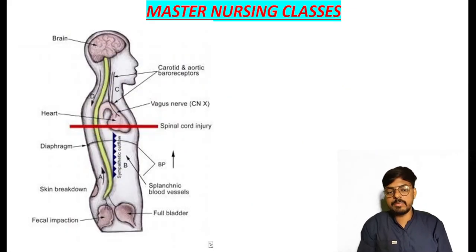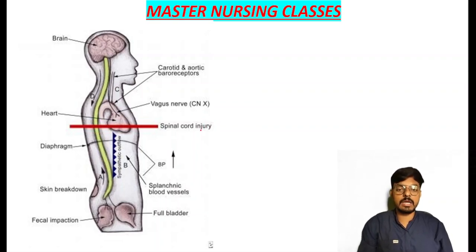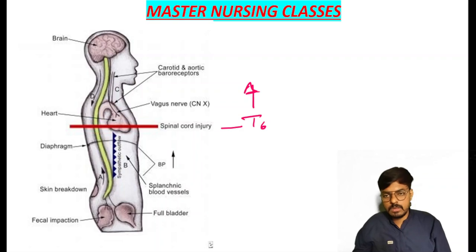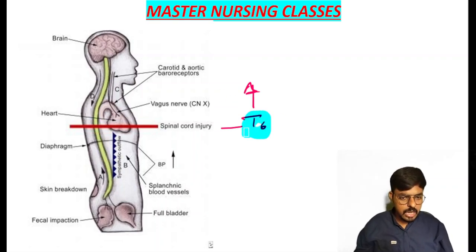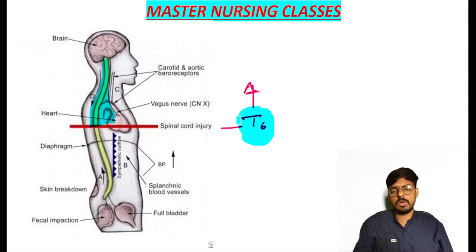Autonomic dysreflexia is a complication of spinal cord injury at the level of T6 and above. So if the spinal cord injury happens at T6 and above, meaning T5, T4, T3, T2, T1, the cervical injuries, there is a chance of autonomic dysreflexia.